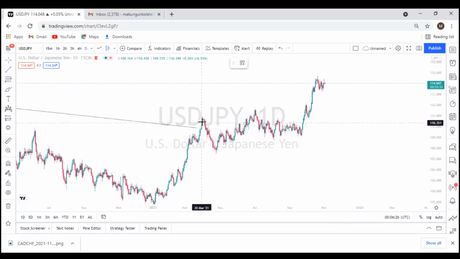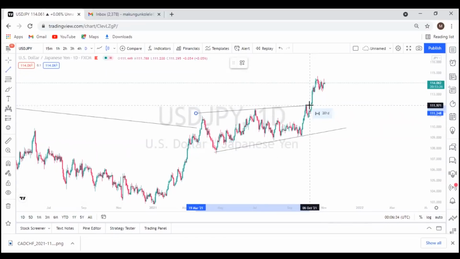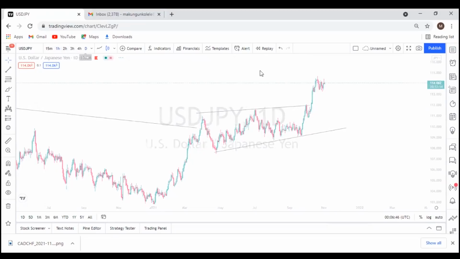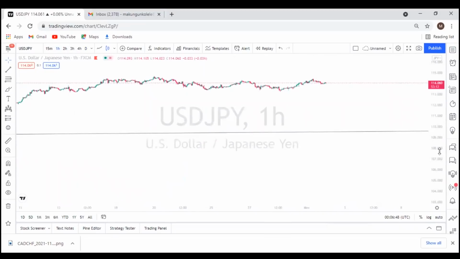So with this one, we had a breakout right here, and you can see it was a correction, and we had this correction here. We had a breakout, and right now in the current market, we are having another correction.